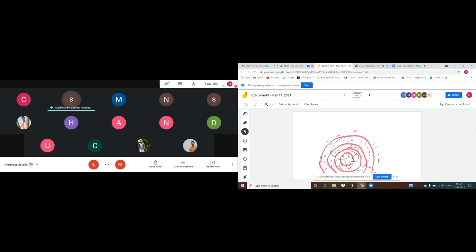Okay, so the hydrophobic amino acids will be kept away from the solvent molecules. If you keep on going from the center, the number of hydrophobic amino acids will be decreasing.